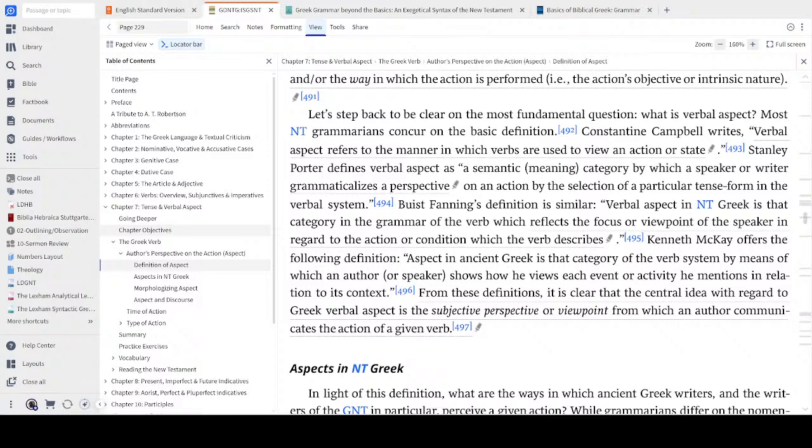The various types of non-indicative aspects are either present, which means ongoing, though some of these tenses can have both ongoing as well as perfective aspects, or aorist, which is undefined. This is very true of the aorist tense in non-indicative verbs.